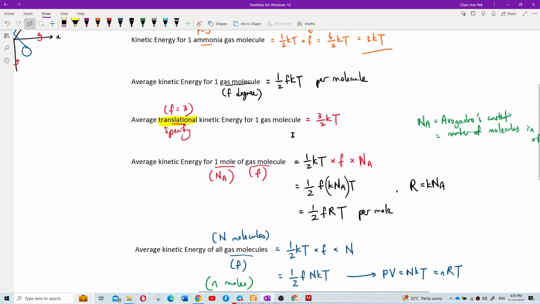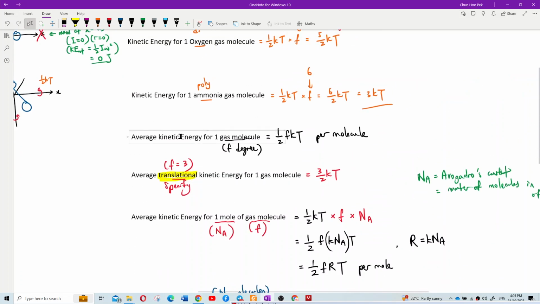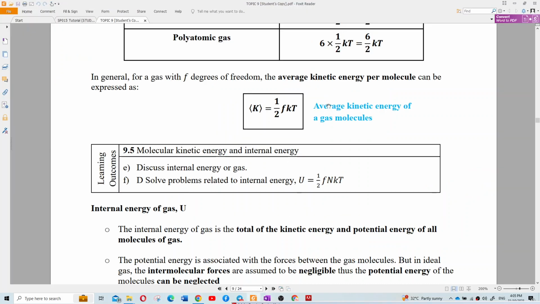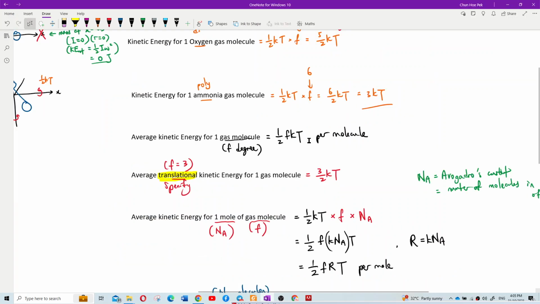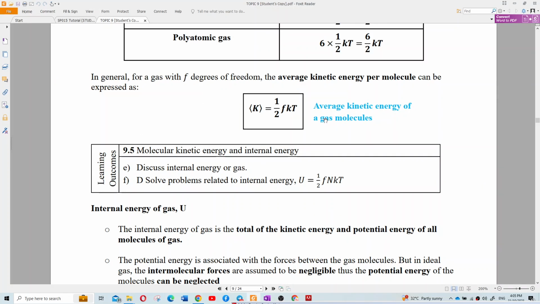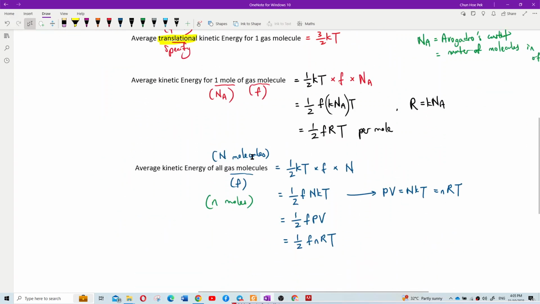If you have N molecules, you multiply by N, then you get the total kinetic energy 1 over 2 F NkT.